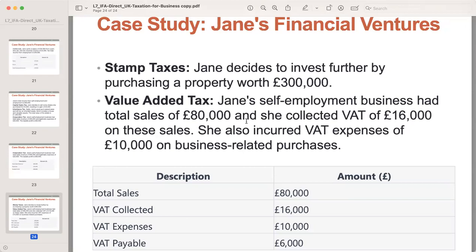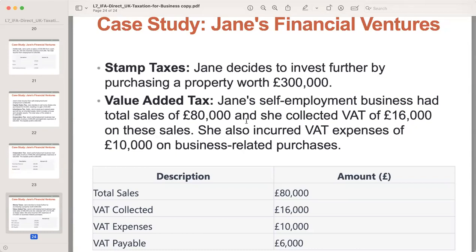So Jane's financial ventures encompass various tax implications, from income tax and national insurance on her self-employment and employment income, to capital gains tax on her share sale, potential inheritance tax on the inherited estate, and potential Stamp Duty Land Tax on the property purchase.